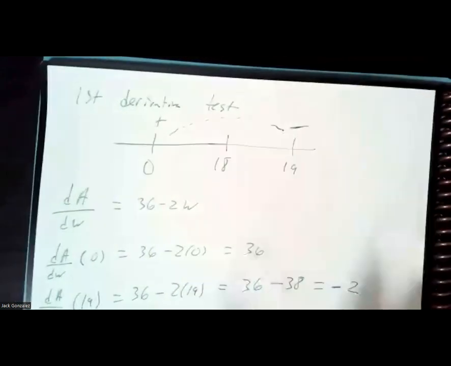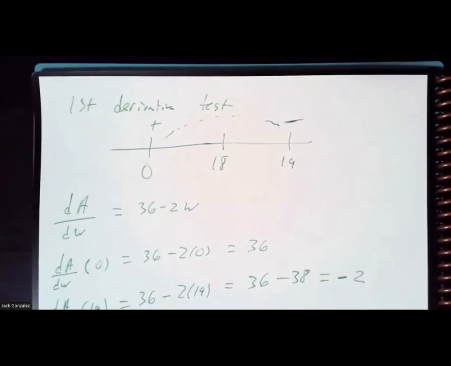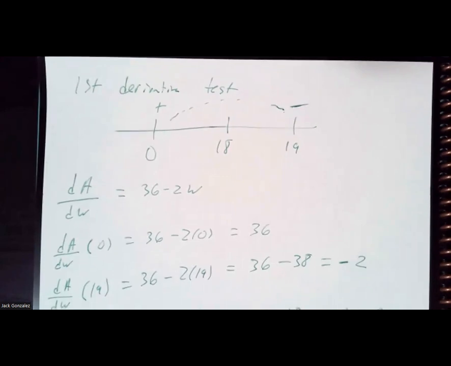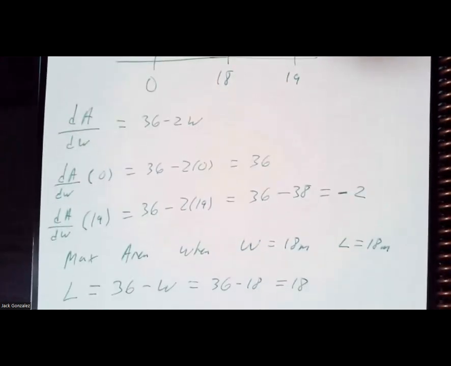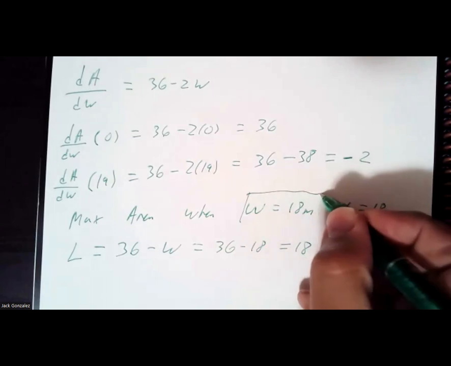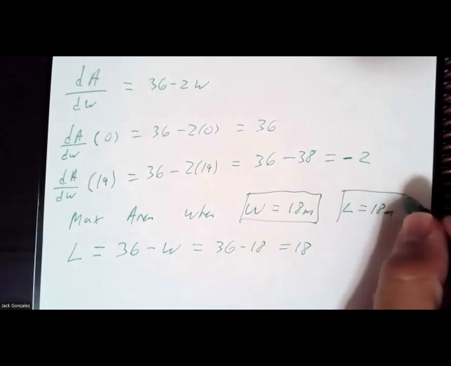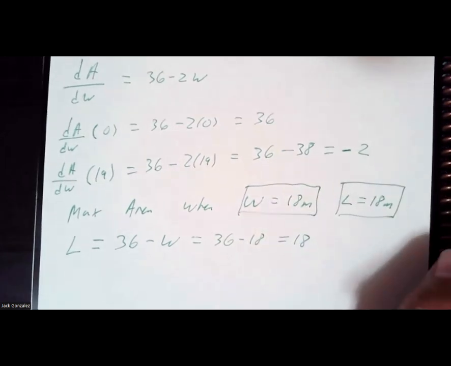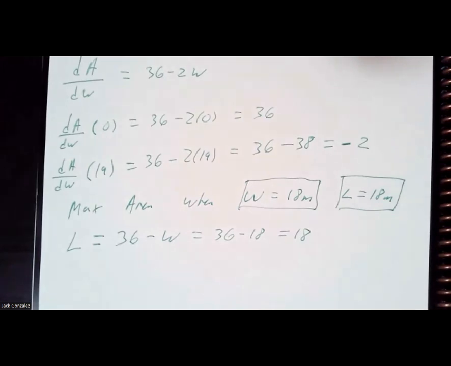We should know that it's going to be a max, but if not, we test it and find out. Once you test it, just plug it into the length formula, then you'll get your length. Any questions on these ideas? This applies to any type of problem or formula you want to maximize.